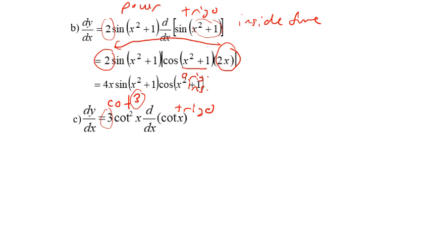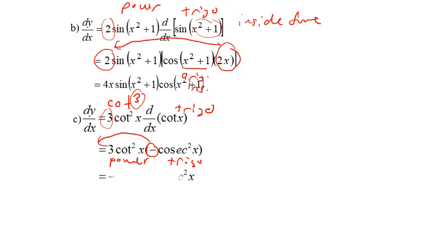Remember what is the derivative of cotangent? Check the formula. The derivative of cotangent is negative cosecant squared. So this is the answer from differentiating the power, and this is the answer from differentiating trigo. We combine them together and just bring the negative to the front. So the final answer would be negative 3 cotangent squared times cosecant squared.